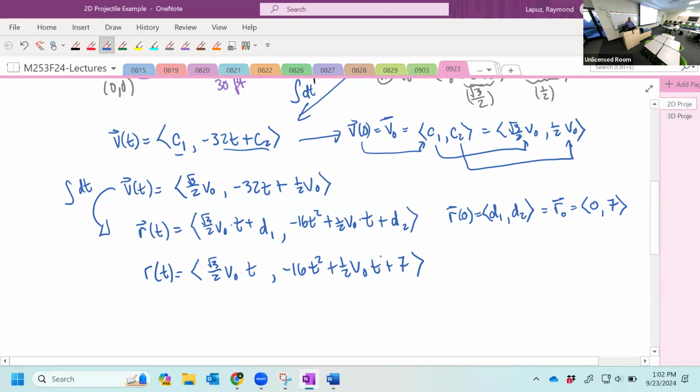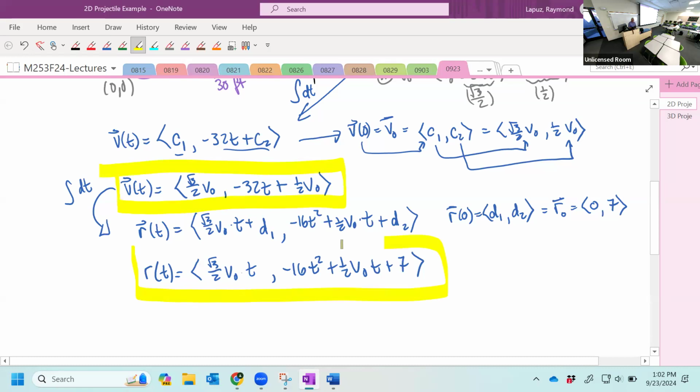All right. So between the velocity and position functions, we should know everything about this particular projectile. We should know the maximum height. We should know when it hits the ground.